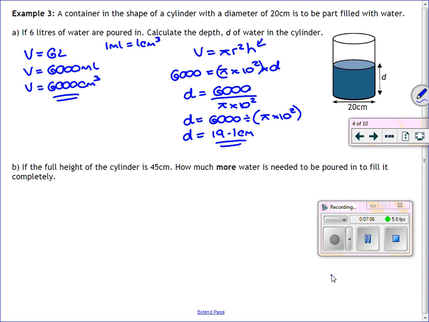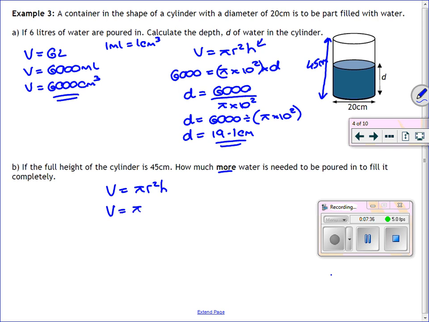Okay, so part B here says if the full height of the cylinder is 45 centimetres, calculate how much more water is needed to be poured in to fill the cylinder completely. So for this, let's just go ahead and find the volume of the full cylinder then. So volume is equal to pi r squared h.